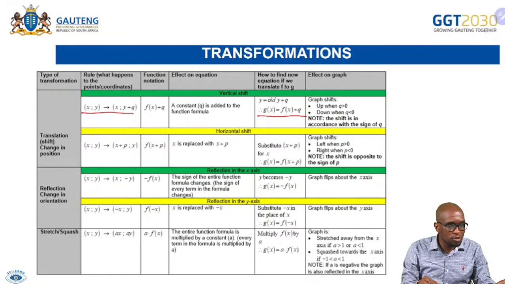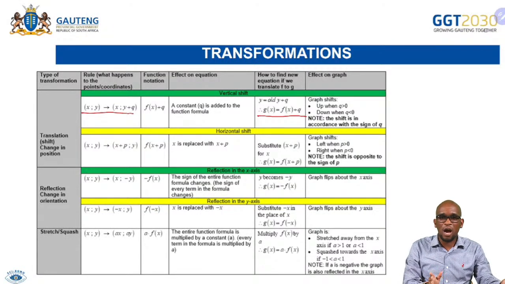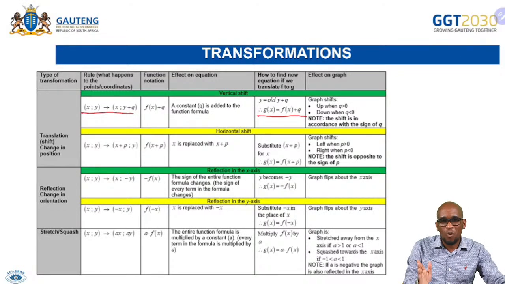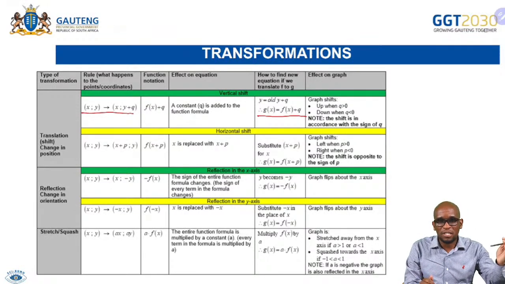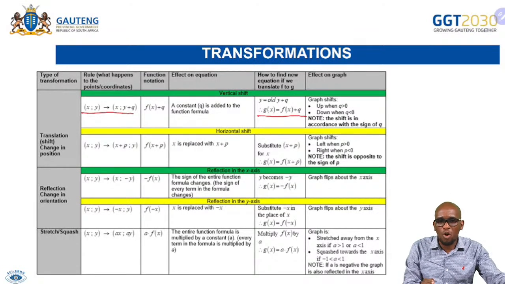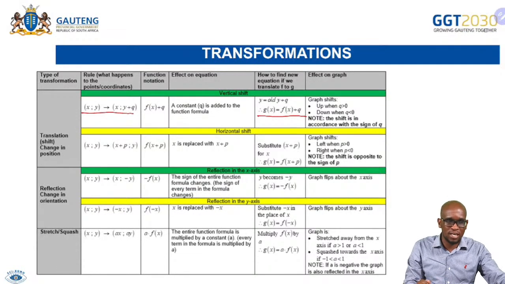Right, looking at the horizontal movement now, it only affects the value of x because you are moving with respect to the x-axis. In order to get that shift, we leave y as it is, and we add a parameter p to the value of x, which means all the x values are going to shift by p units, either to the left or to the right.